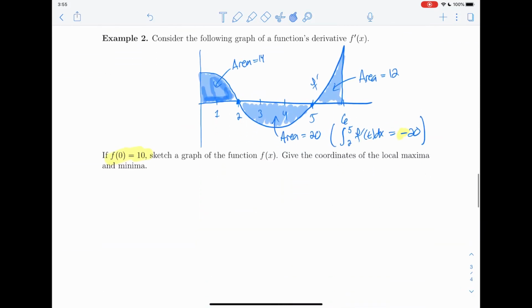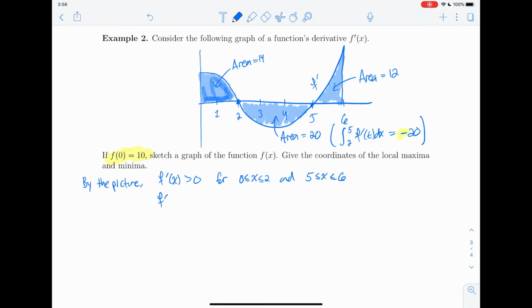So let's write down some quick observations. By the picture, we see that f prime of x is positive for regions 1 and 3, for x greater than 0 and less than 2, and x greater than 5 and less than 6.